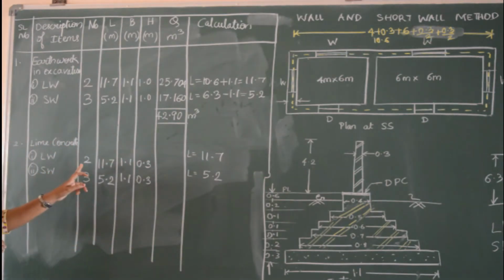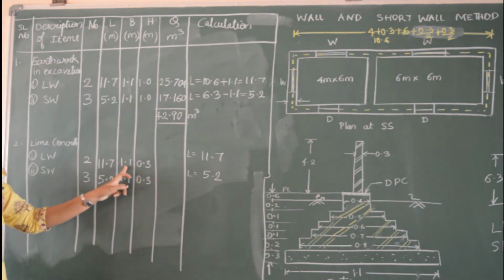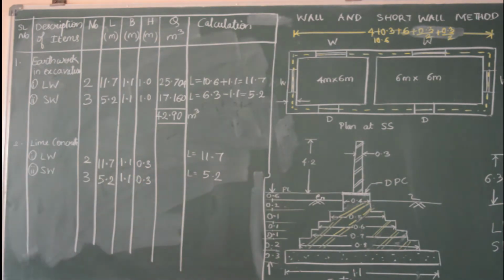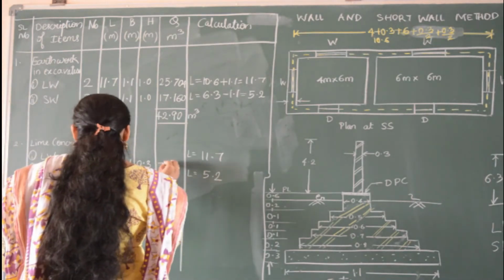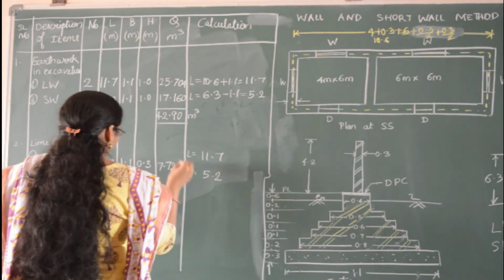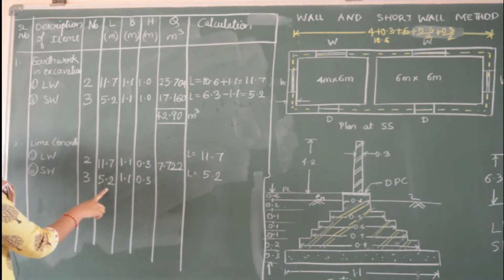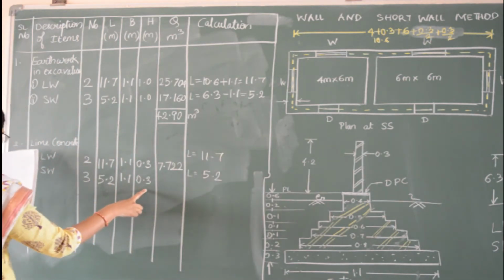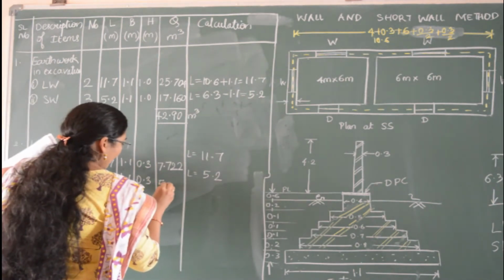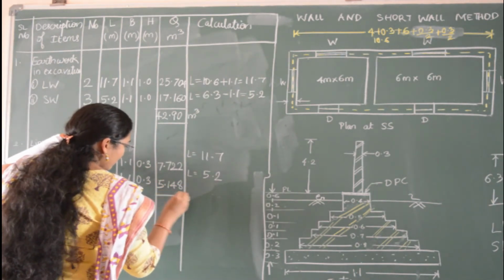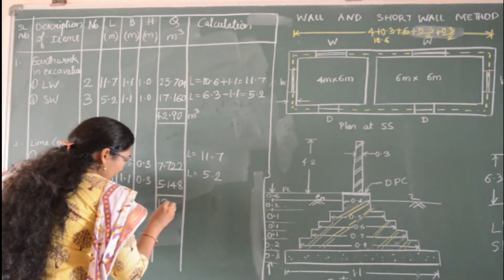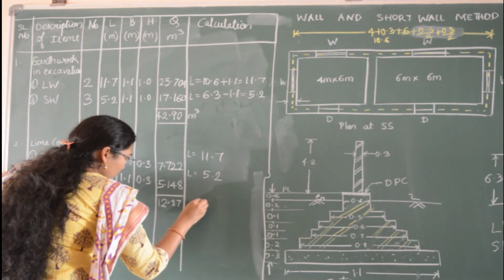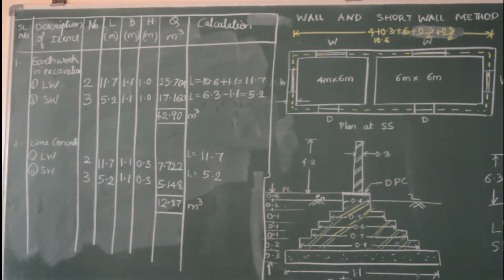When I multiply 2 into 11.7 into 1.1 into 0.3, that value is 7.722, and when I multiply 3 into 5.2 into 1.1 into 0.3, it is 5.148. With these two values we add up, so we will be getting 12.87 meter cube. So this is the quantity of lime concrete required for this particular plan.